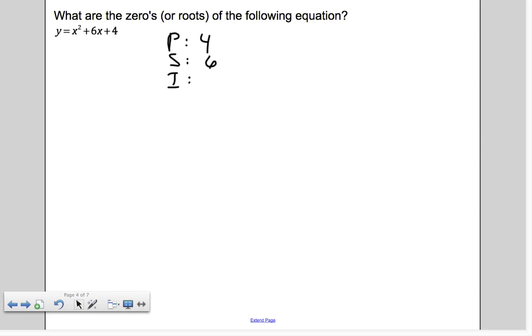Well, the best I could do is 1 and 4, which gives me 5. 2 and 2 only gives me 4, so not quite. Sorry, this one is not factorable over integers.